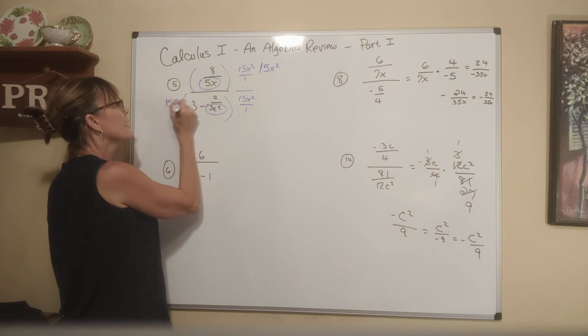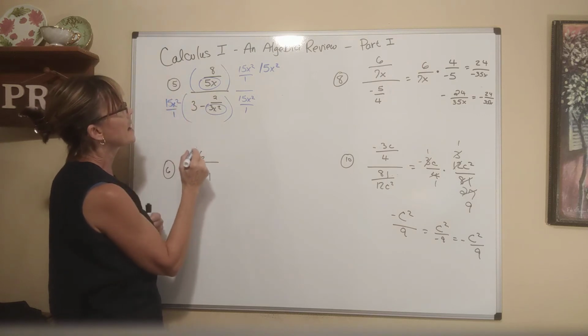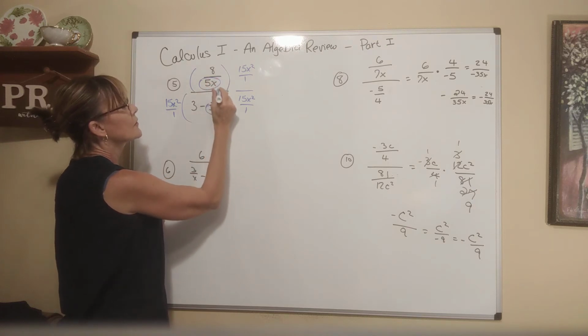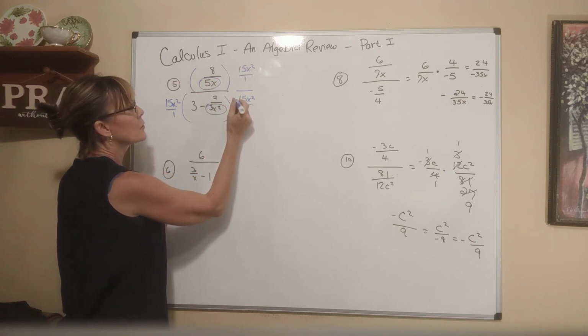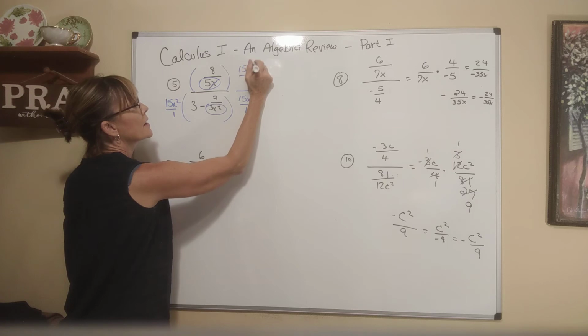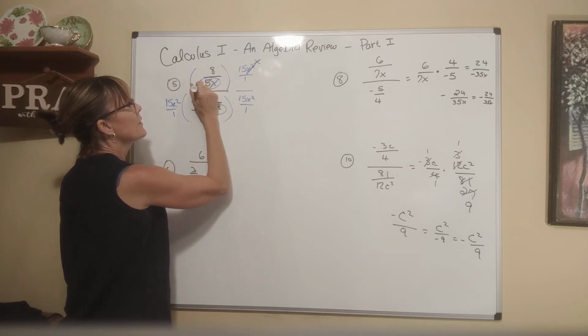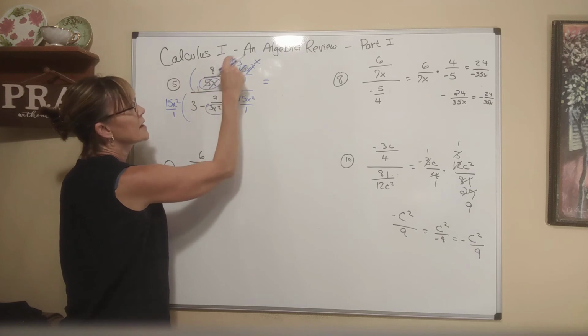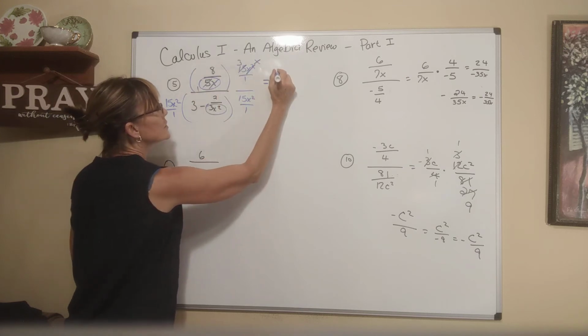So I'm just going to write it down over here. So let's see what happens. In the numerator, when I multiply 8 over 5x times 15x squared over 1, the x will go into the x squared 1 time. 5 will go into 15 3 times. In my numerator, I have 8 times 3 times x, which is 24x over 1.